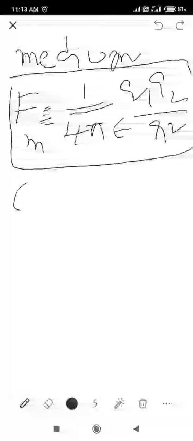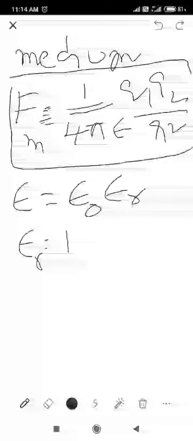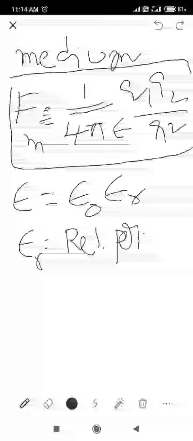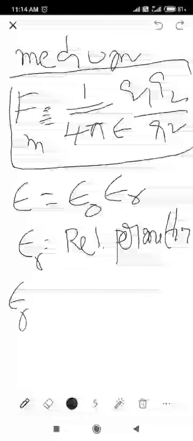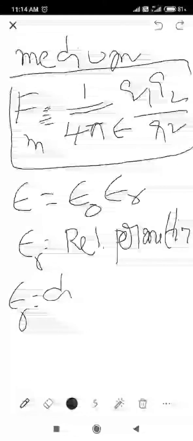Here this epsilon is related to epsilon naught like this. Epsilon is equal to epsilon naught into epsilon r. Here this epsilon r is called relative permittivity of the medium, or we can call it dielectric constant also.